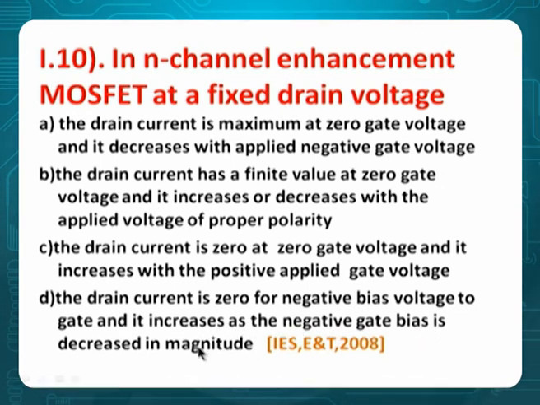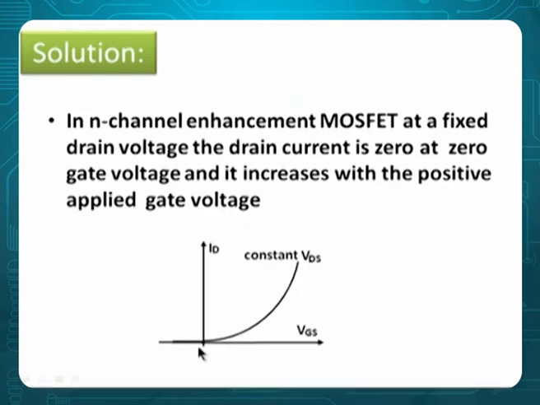I only want to tell you, you have seen the table: VGS negative, no current; VGS 0, no current; VGS positive, there is a current. Same logic we are going to use.